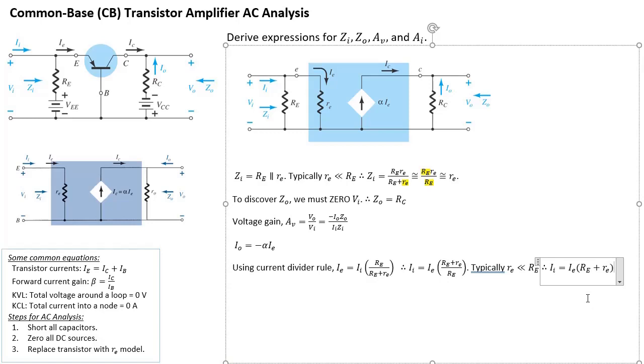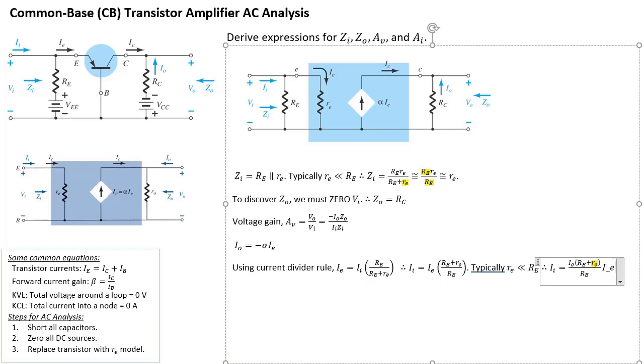Obviously this little re is going to be insignificant compared to the big RE, so that's going to disappear. When that disappears, you're just left with big RE divided by big RE, so those two will also cancel out.